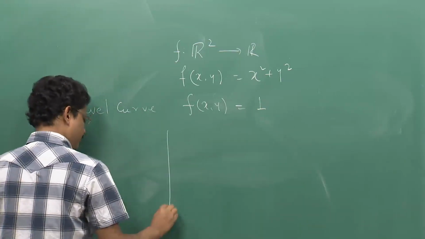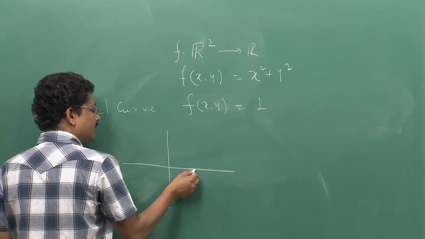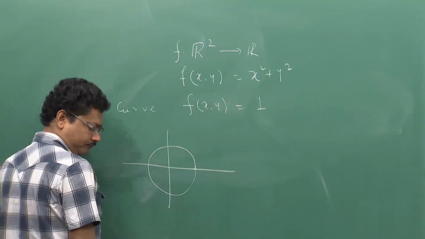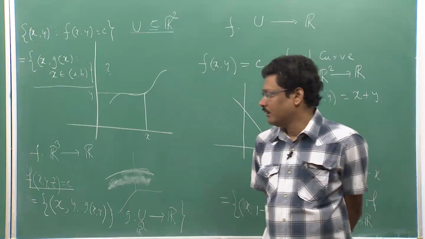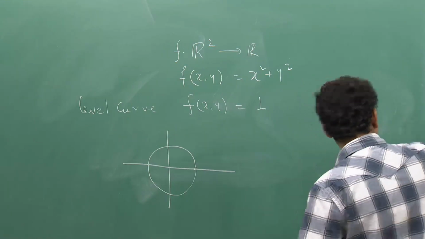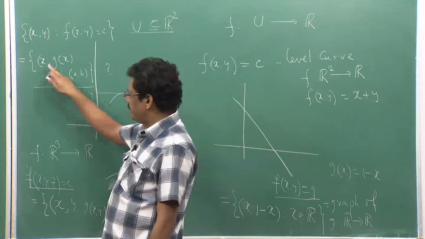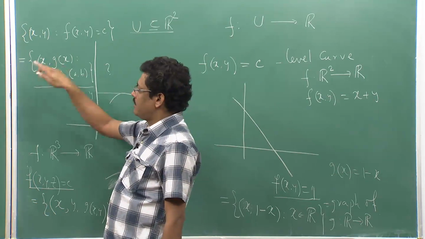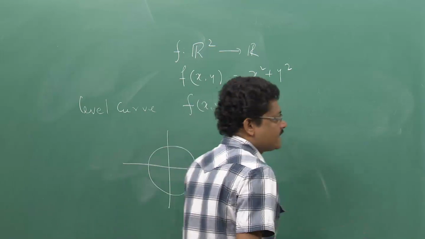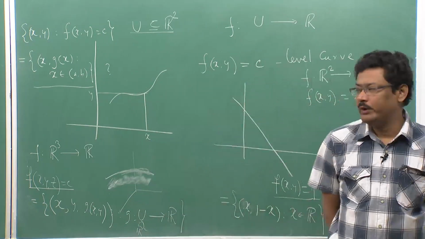All of you know, if I plot it, I will get a circle of radius 1 in R2. Now, if I ask this question, can I have a function g defined on some interval such that any point on the curve can be written as (x, g(x))? No matter how you try, you will not be able to do it, right?